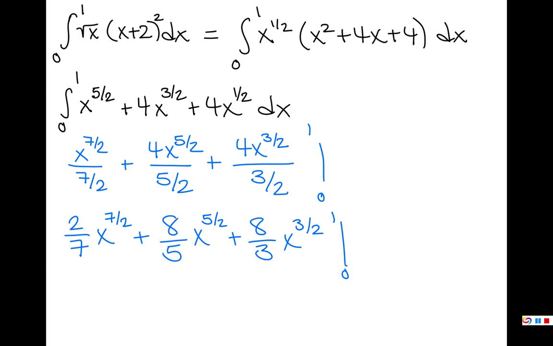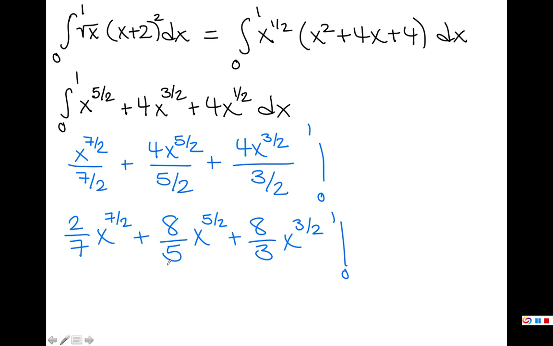Dividing by a fraction is the same thing as multiplying by its reciprocal. So I copy, dot, flipped. I said dividing by a fraction, I can just flip it and multiply.